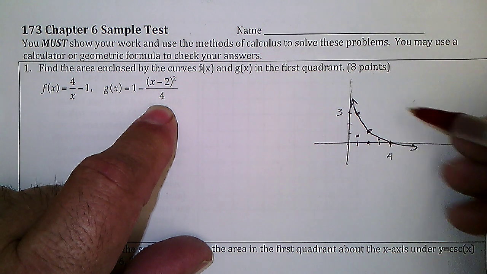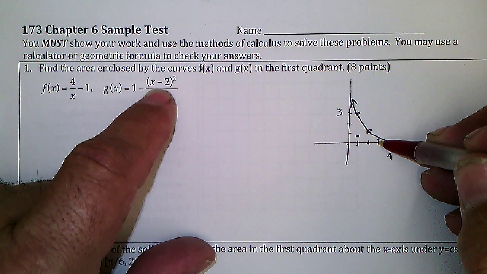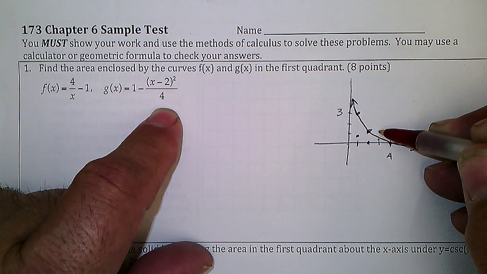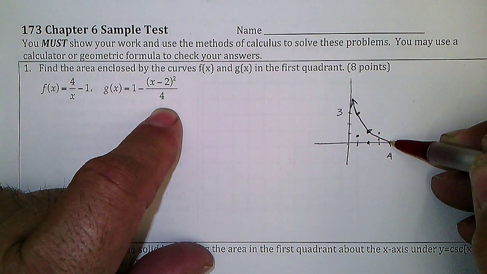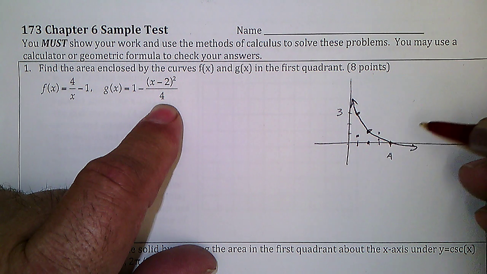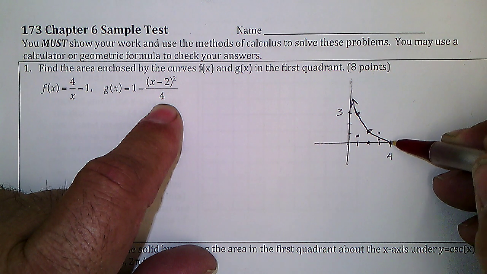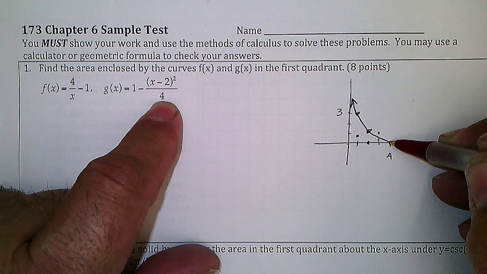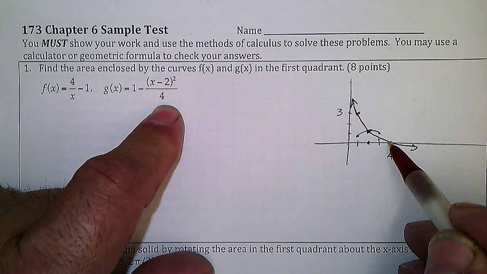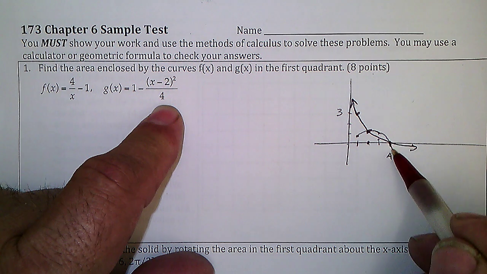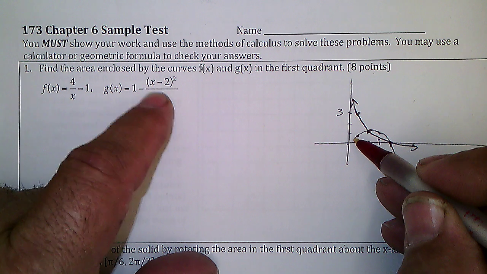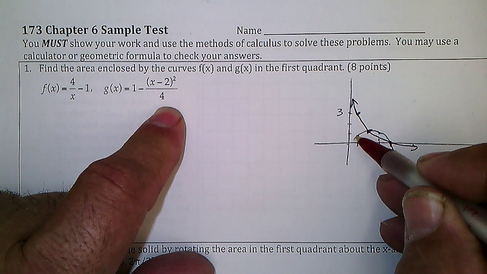Okay, not 0, 1. Put in 3, that's 1/4. 1 minus 1/4 is 3/4. And put in 4, I get 1 minus 1, which is 0. If I put in 0, I get 1 minus 1, which is 0.